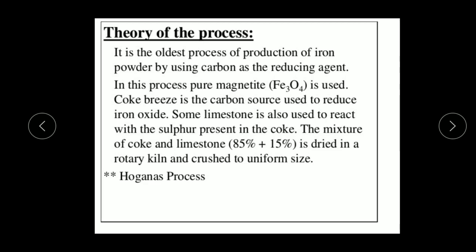In this process, pure magnetite Fe3O4 is used. Coke breeze is the carbon source used to reduce the iron oxide. Some limestone is also used to react with the sulfur present in the coke. The mixture of roughly 85% coke and 15% limestone is dried in a rotary kiln and crushed to uniform size. This is called the Höganäs process.